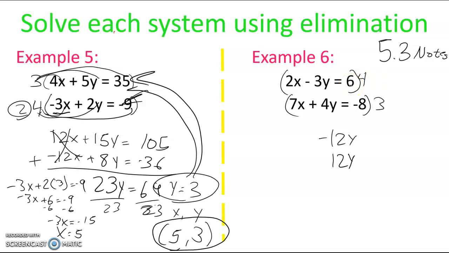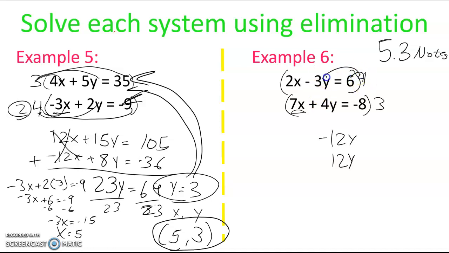Unless you get something like a negative 115 and a positive 206. If you see numbers, even like the 7 or the 2, that you know how to simplify easier, you can do those as well. But again, I'm just going to use the y's right now.